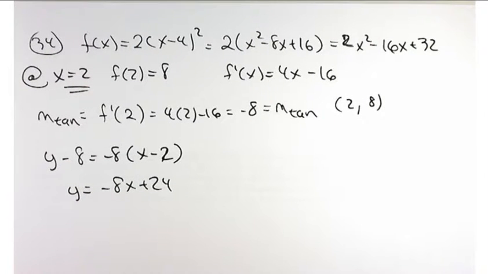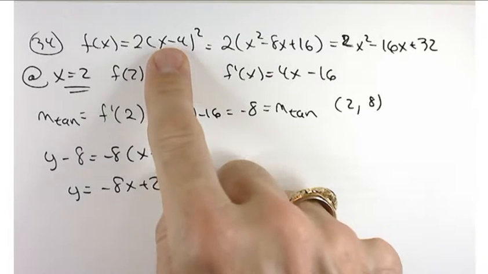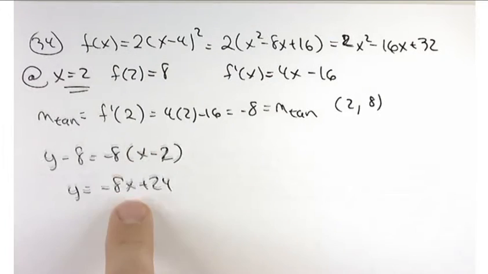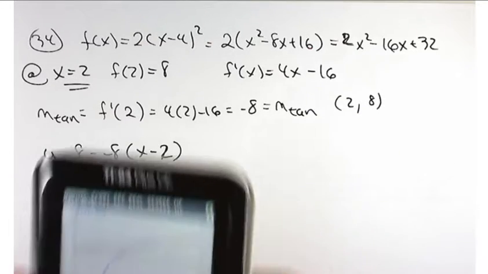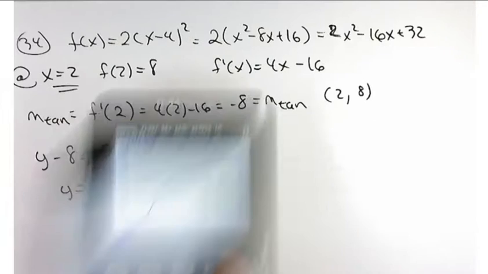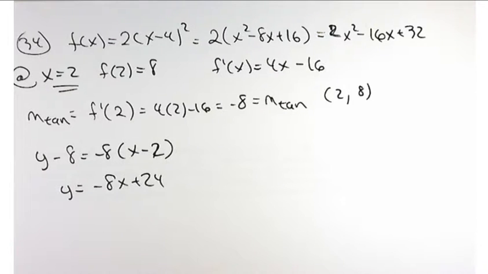Now, like the last one, this one should check out. If I was to graph this function and this line, they should just touch at this point, 2 and 8. So let's see that that happens.